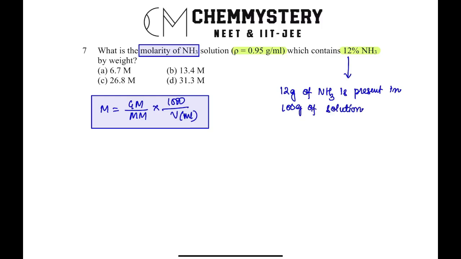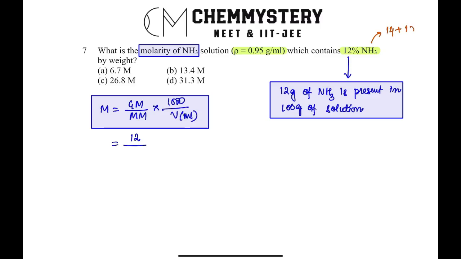So from here we have the given mass of NH3, 12 gram. What is the molecular mass of NH3? N is 14, hydrogen is 1, and there are 3 hydrogens. It will be 17. 17 is the molecular mass of the solute, into 1000 divided by volume, which is not given directly.